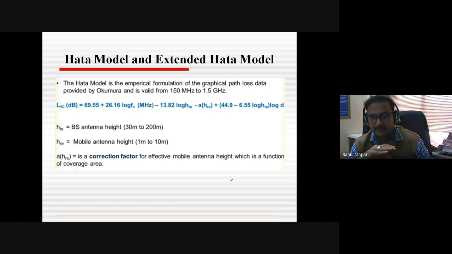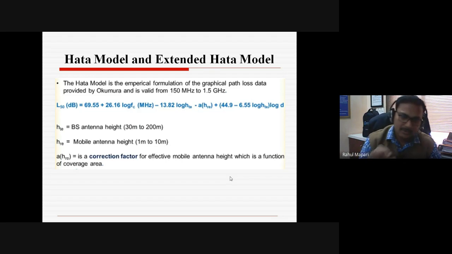There is no shortcut, how to remember it. By using and by practicing, you will have to remember it. Okay, so memorize this equation, and the remaining values are taken from the problem. Some of the values you have to calculate, put all the values in that equation and calculate the path loss.